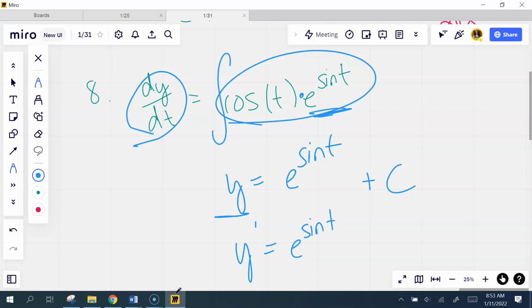Multiplied by what? What's the derivative of a constant? 0. So you have to think backwards and forwards to make sure.